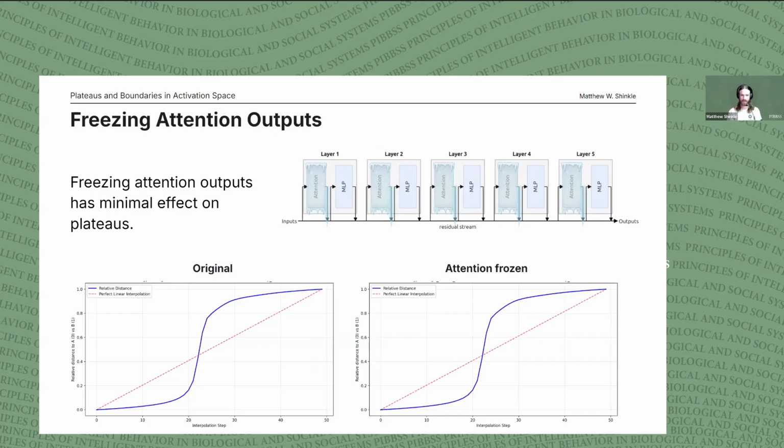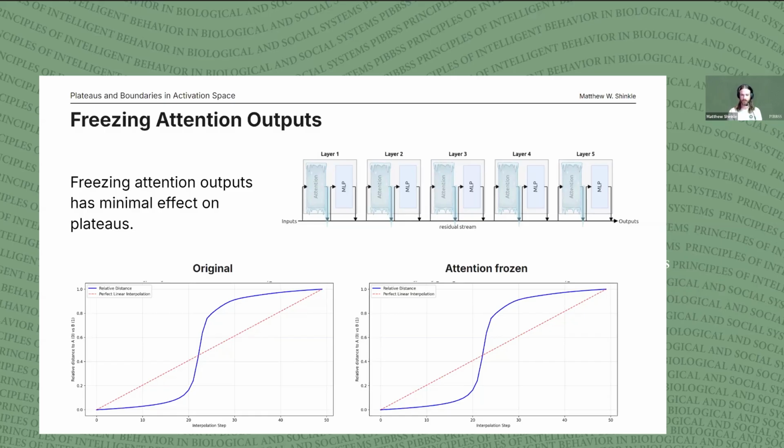Specifically, I'm recording the outputs of the attention or MLP blocks for sequence A, and then freezing them to only ever output those activations, regardless of the interpolated inputs. And because the final outputs of a transformer model are a combination of the outputs of the attention blocks and the outputs of the MLP blocks, freezing the outputs of one of these means that any variation in the final model outputs must be a consequence of the non-frozen component.